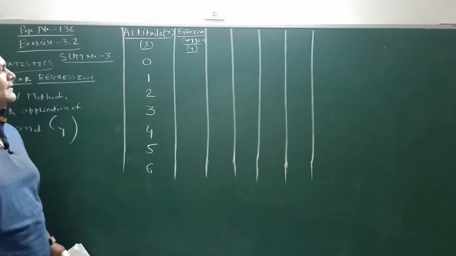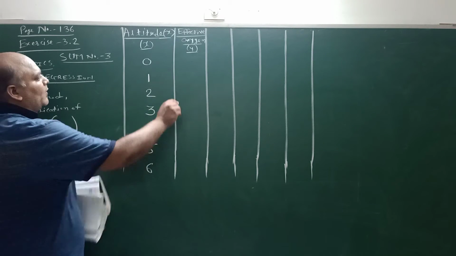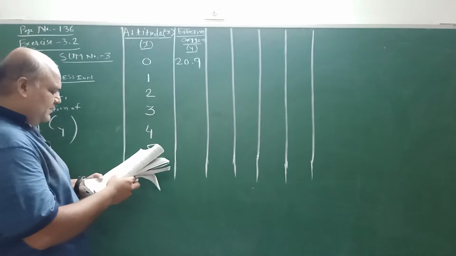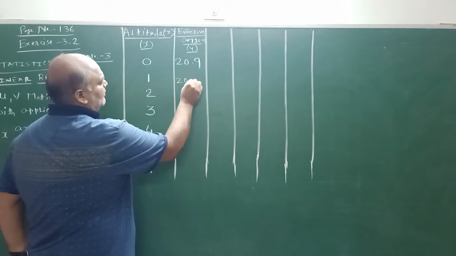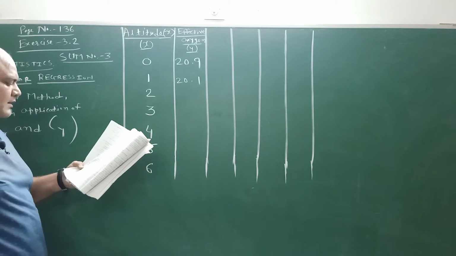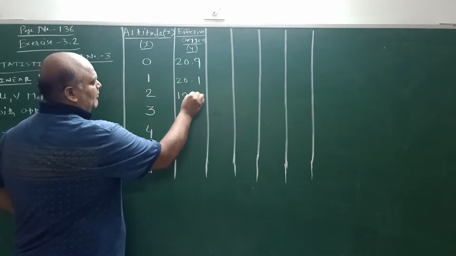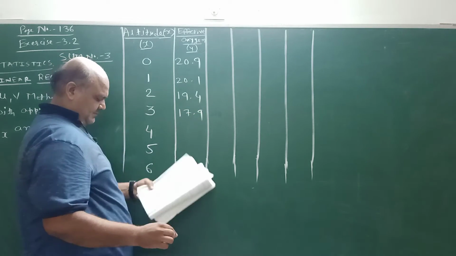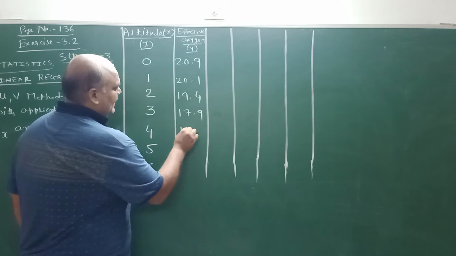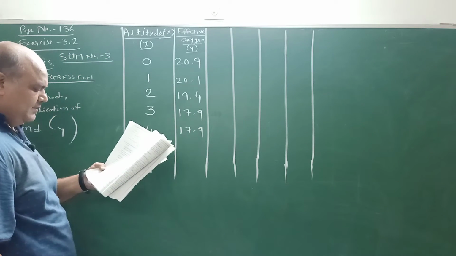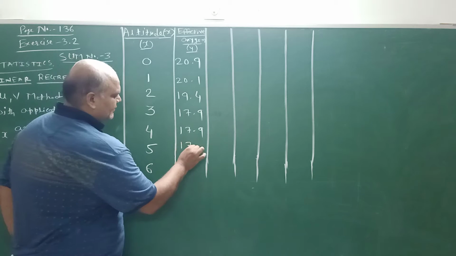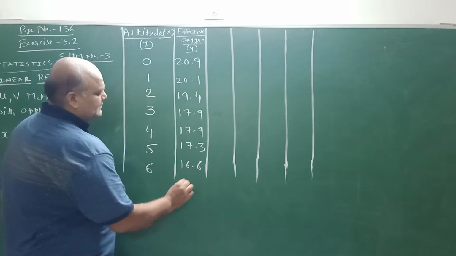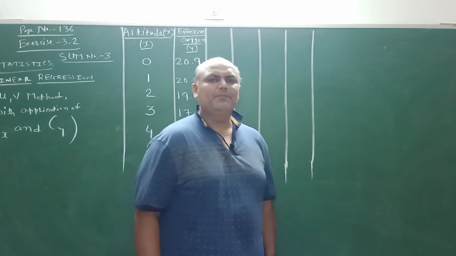In the column of y, that is effective oxygen, they provide us 20.9 in percentage, 20.1, 19.4, 17.9, again 17.9, 17.3, and at last 16.6. Two columns are provided.